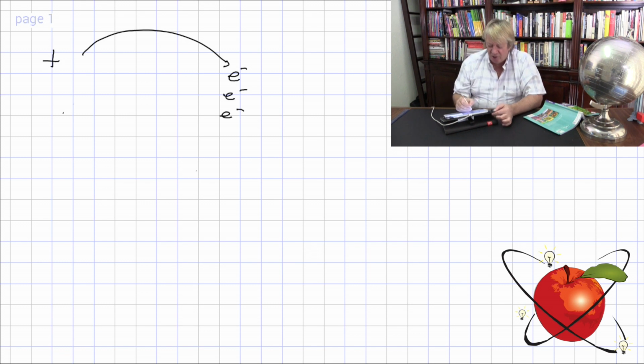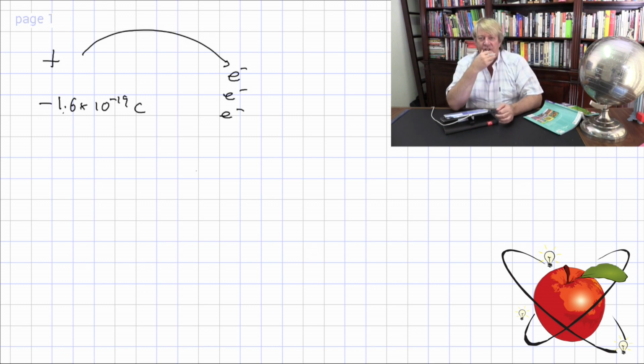Now, obviously, each electron that we've got there has got a charge of minus 1.6 times 10 to the minus 19 coulombs, which is our base charge, isn't it? So if we move 10 electrons, I'd multiply that by 10, wouldn't I? Okay. So what's important for us to remember, not only for the physics but for chemistry later, is that electrons are being moved.